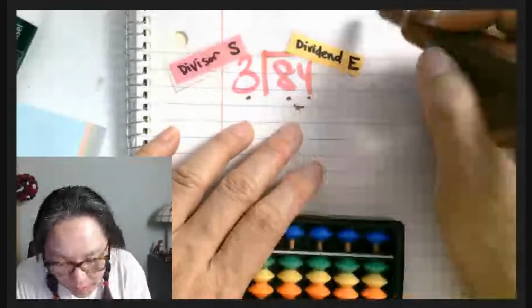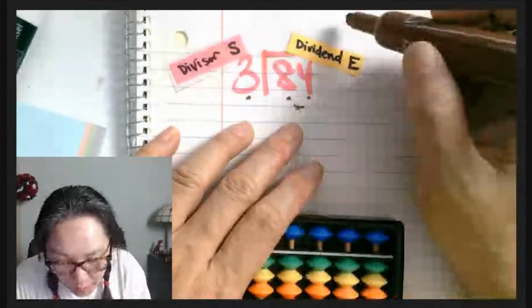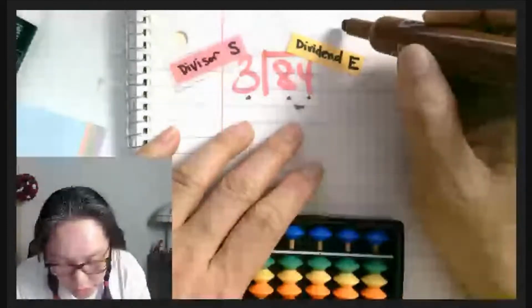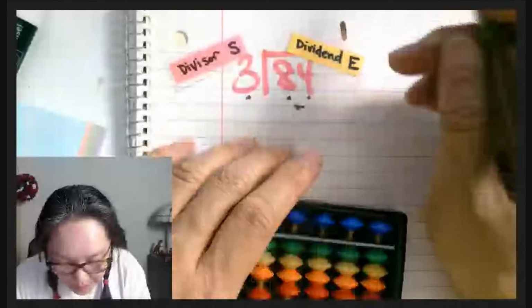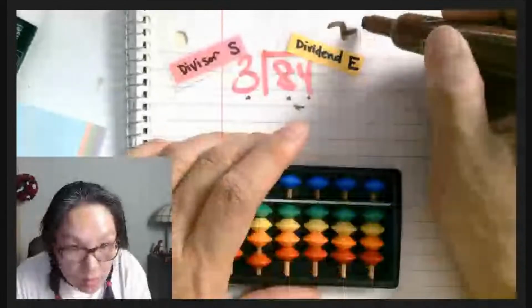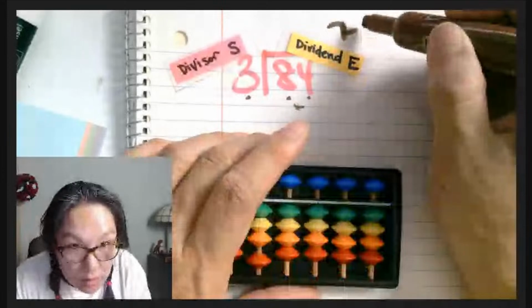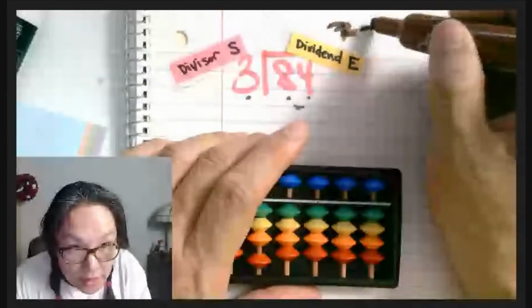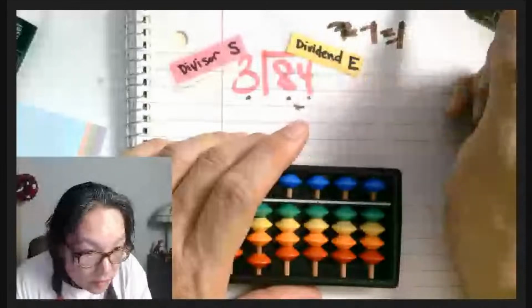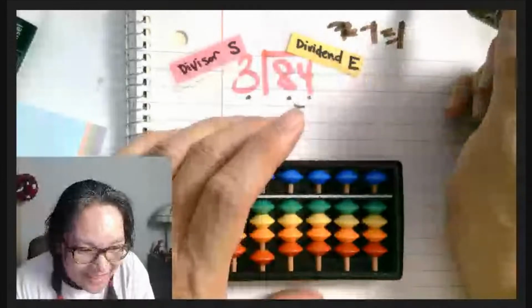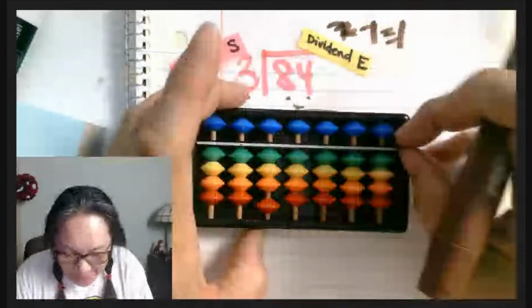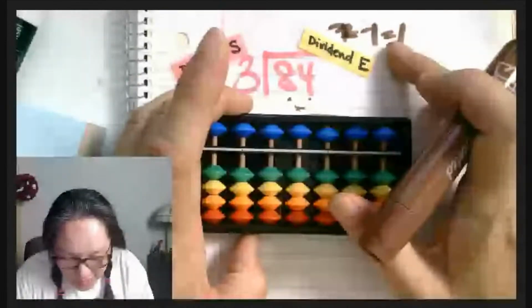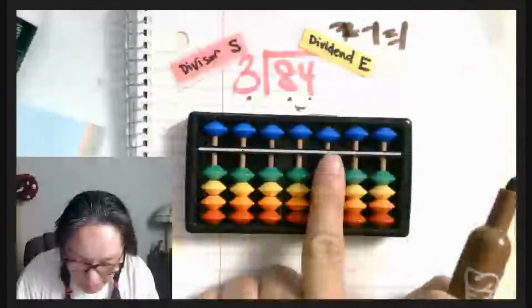So 2 take away 1 is equal to 1. All right. So our starting point is 1.